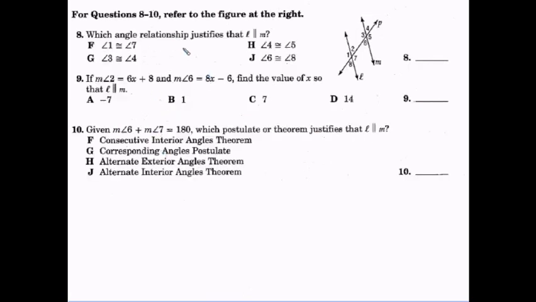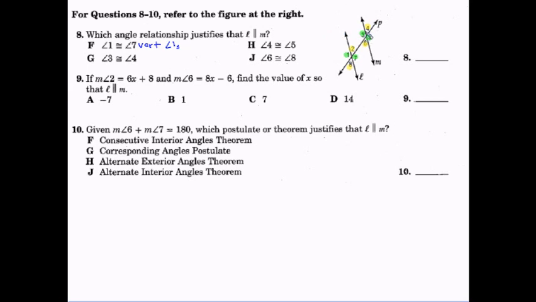For our next question, we want to say what angle relationship justifies L parallel to M. So again, we're going to have our alternating angles that are congruent. And we want to look at what choices we have. We have 1 and 7. 1 and 7 are vertical angles. This doesn't tell us anything about parallel.